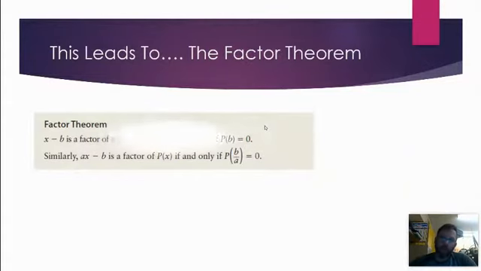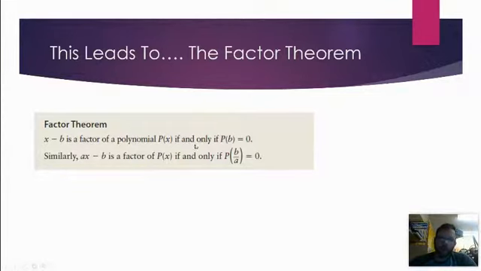And this is what the factor theorem says: that a binomial factor x minus b is a factor of a polynomial if and only if the value of that polynomial at b is 0. And in a similar way, ax minus b will be a factor if the value of the function evaluated at b over a is equal to 0. So this is really just the remainder theorem, but we're considering the case when the remainder is 0. That means that we have a factor.